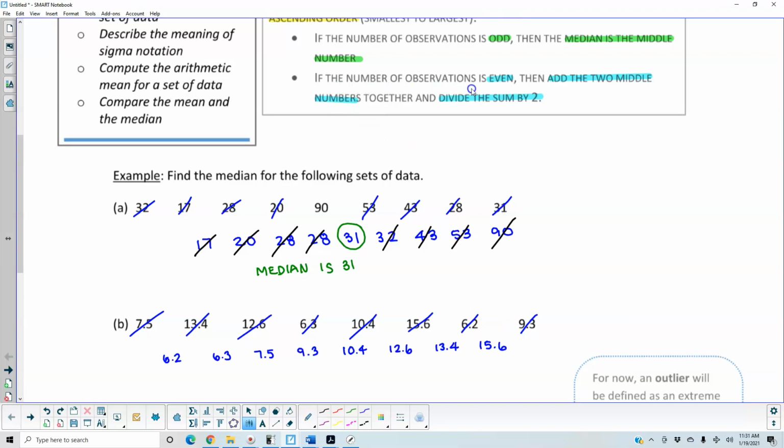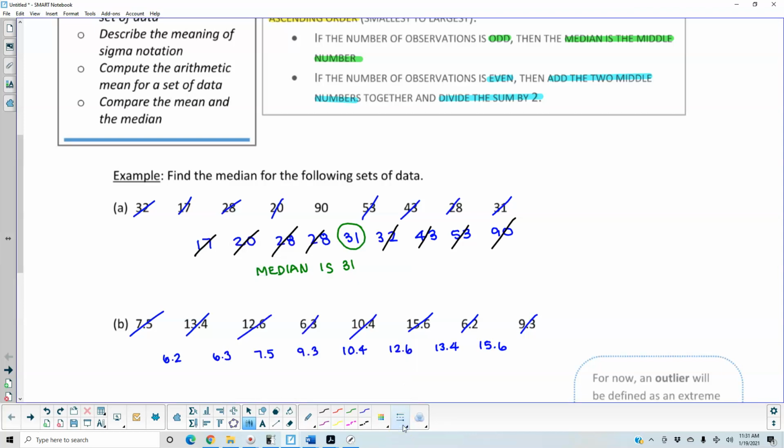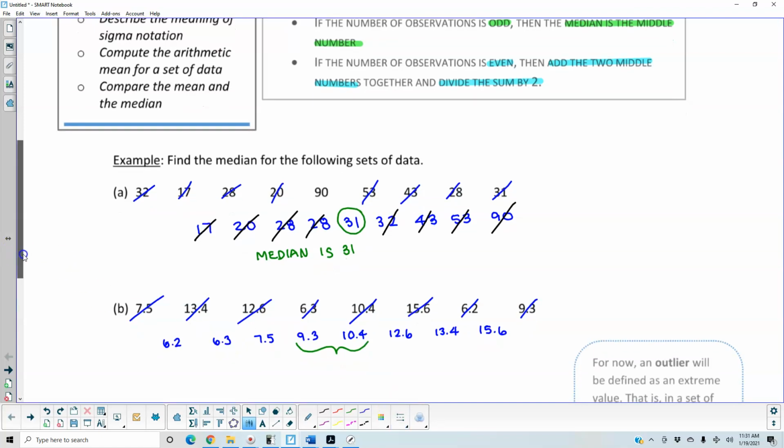Since the number of observations is even, we're going to add the two middle numbers together and then divide the sum by 2. Let's take a look at the two middle numbers. The two middle numbers are 9.3 and 10.4.